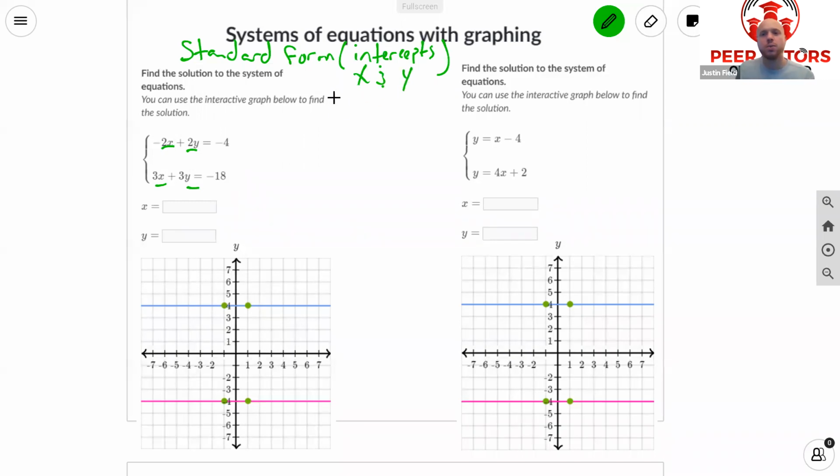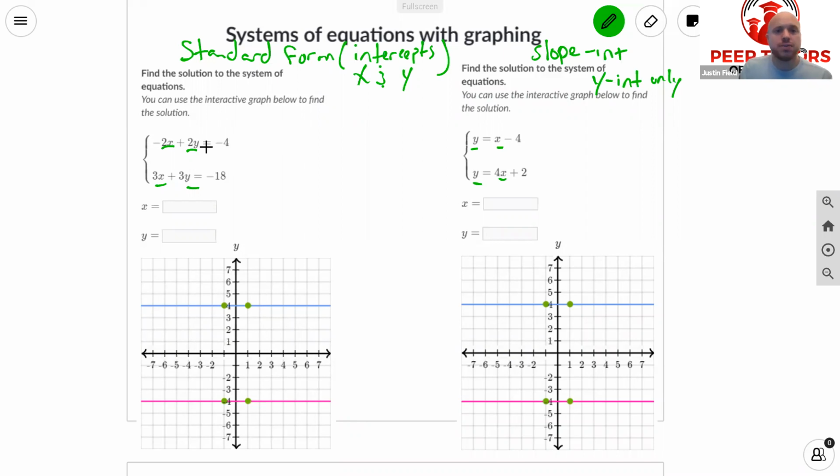So standard form, we have both intercepts. These, see, look, the x and the y are on different sides. You notice that? That's called slope-intercept form. Slope-intercept. Okay, and so this one we only have the y-intercept only. So when we're graphing, we always use our intercepts and then whatever else we can.